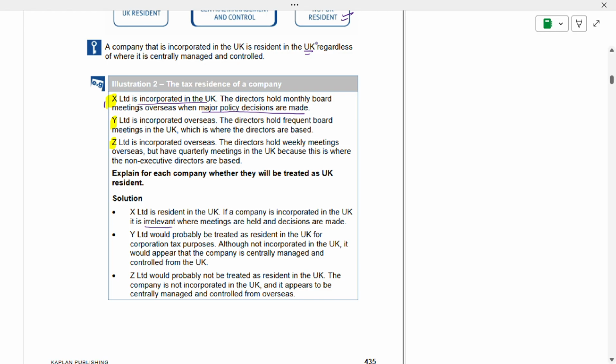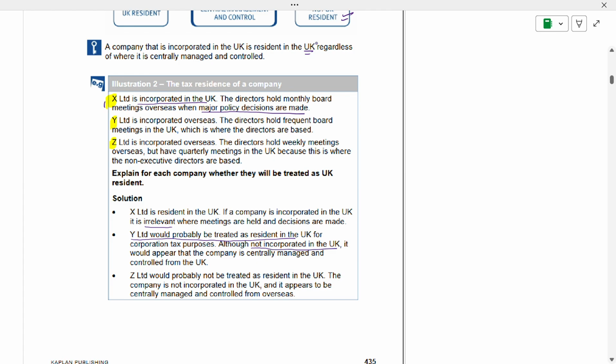X is a resident, sir. It is incorporated in the UK. If a company is incorporated in the UK, it is irrelevant where meetings are held. It is a UK resident.